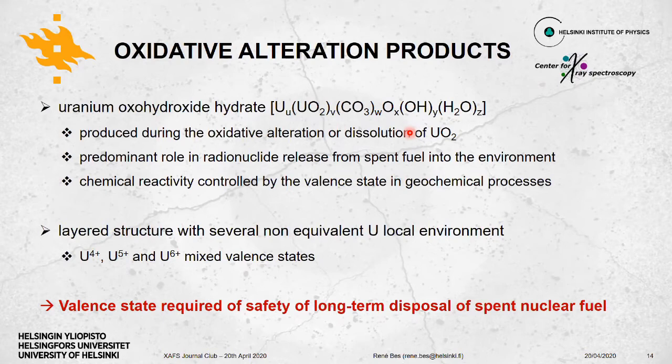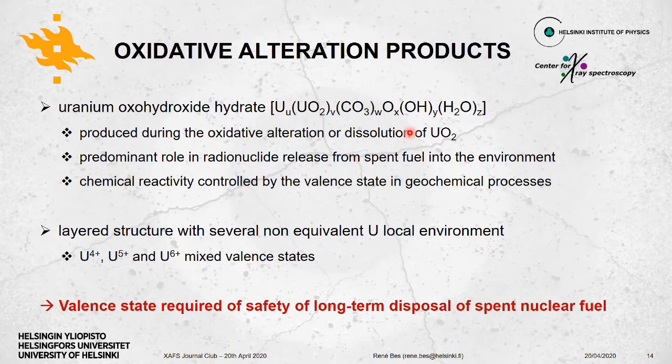These types of materials have a layered structure with several non-equivalent uranium local environments. So a mixture of uranium 4, 5, 6 mixed together, and that makes extra absorption useful, but more complicated to use in the sense that you need a very high sensitivity in order to determine the valence state of these compounds, because they are required to understand the long-term disposal safety of the spent nuclear fuel.